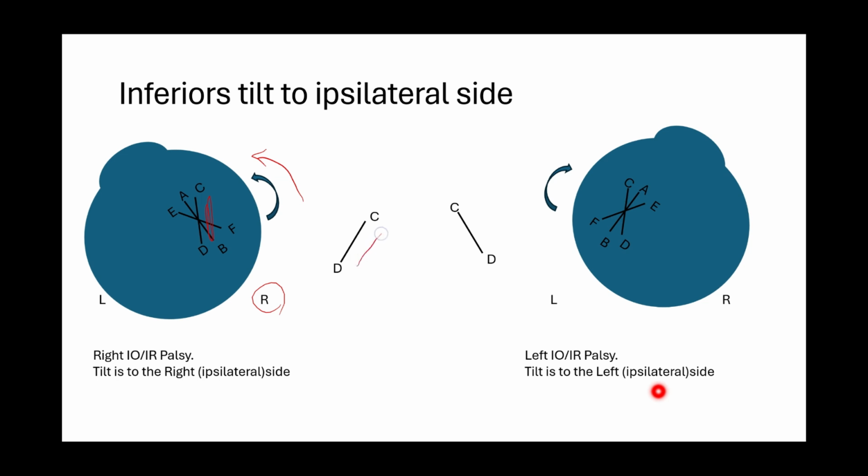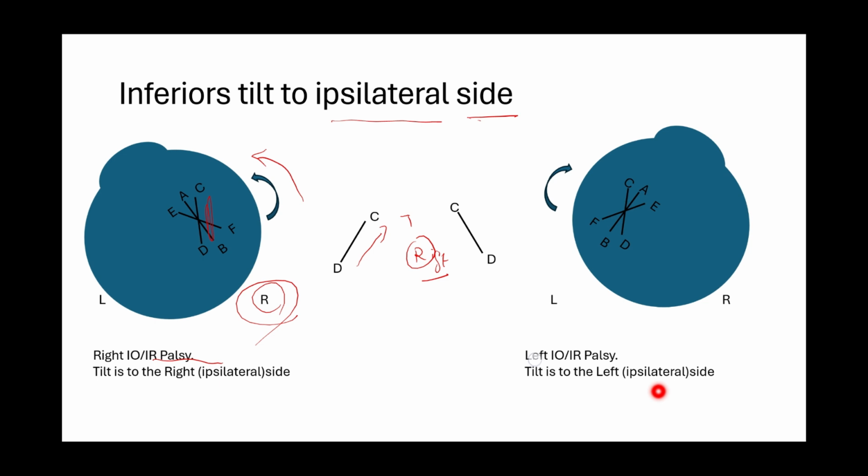It produces a tilted image which is tilted towards the temporal side, and temporal side here is the right side because we are talking about the right eye. So here again, as per the dictum, right eye inferior paralysis has caused tilt towards the right side itself, that is the ipsilateral side. So let's see if it's happening in the other eye also.